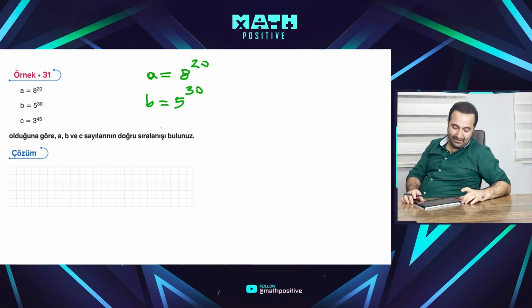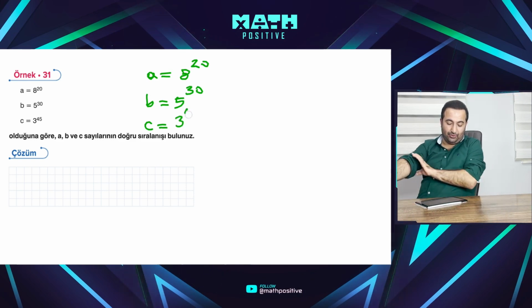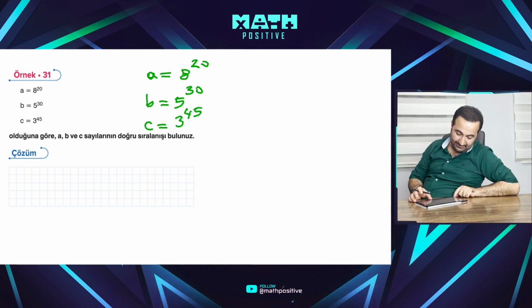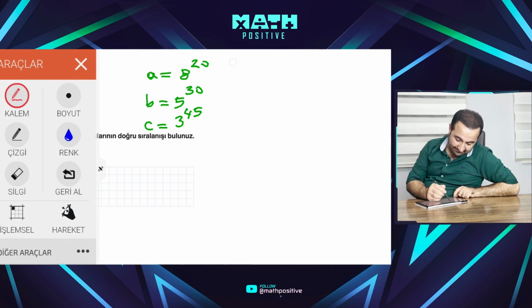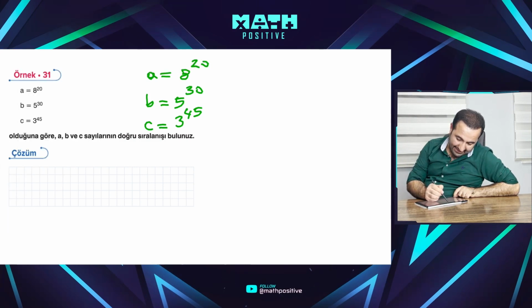Okay, friends, we have another question about comparing these three exponential numbers. A equals 8 to the power 20, B equals 5 to the power 30, C equals 3 to the power 45.